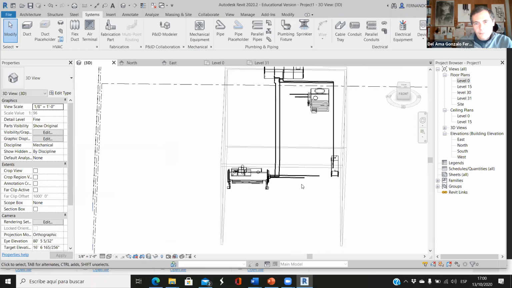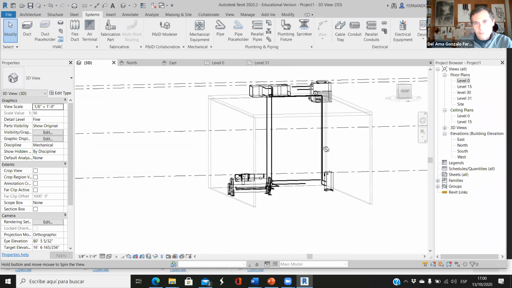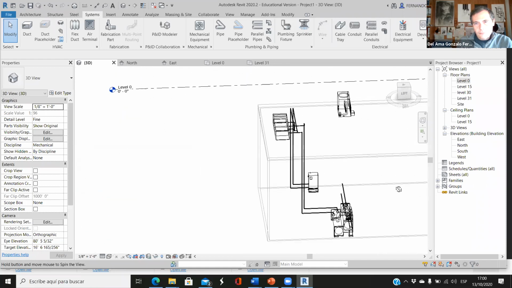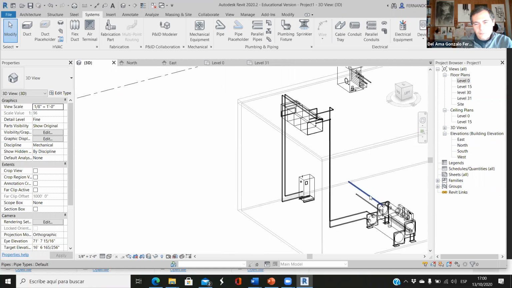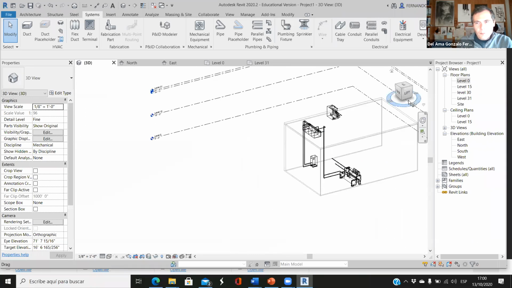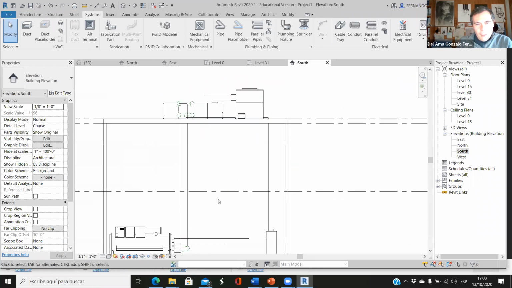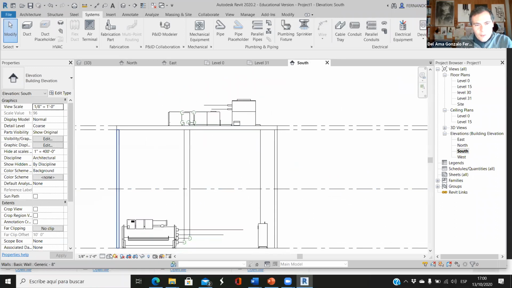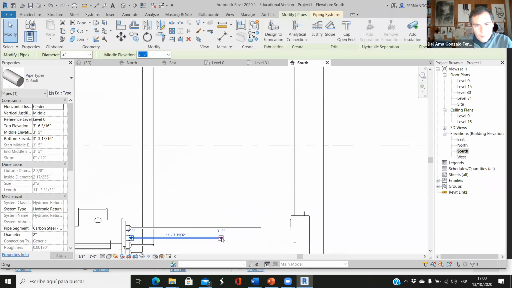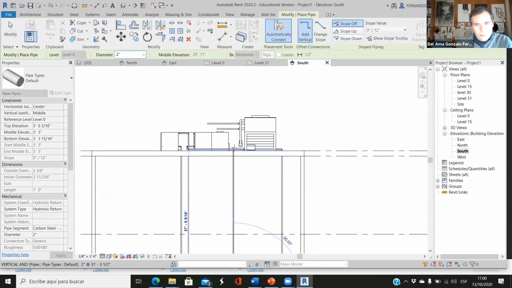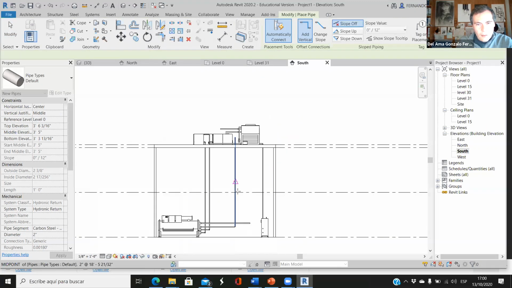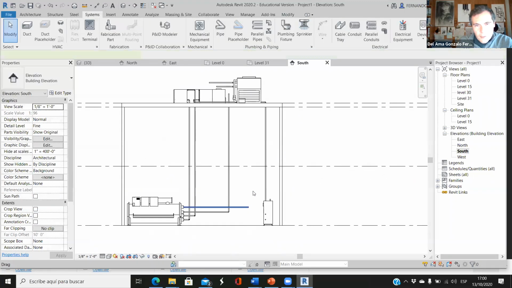And now we have to go up. Okay, so probably using the south elevation. Yep. So now from this one, we have to go up. And from that one, this is too long.